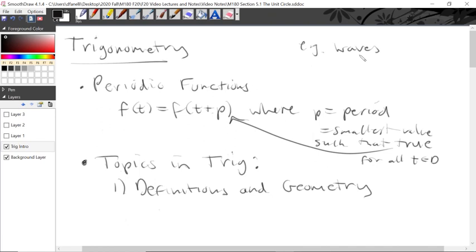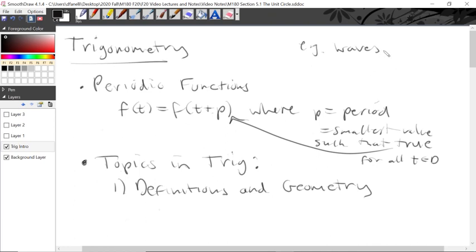Their relative position in the sky affects the tides. Electromagnetic waves, so how we perceive light and how we perceive heat, how we perceive electricity and magnetism as well.